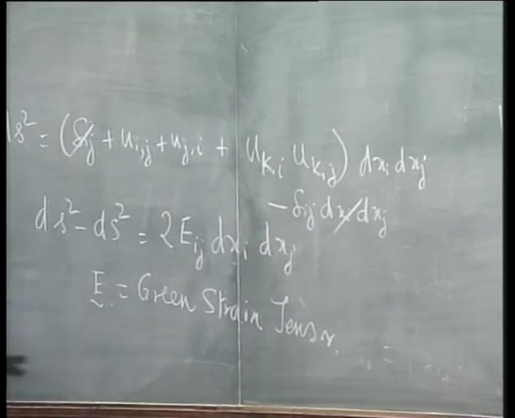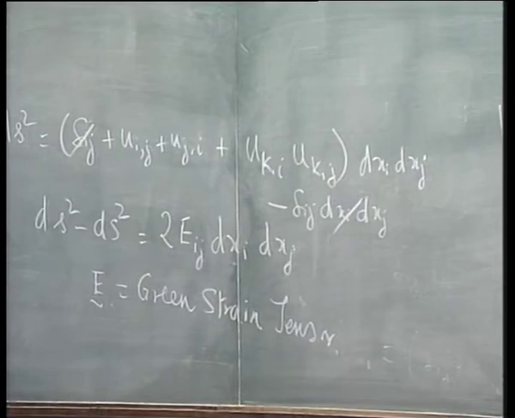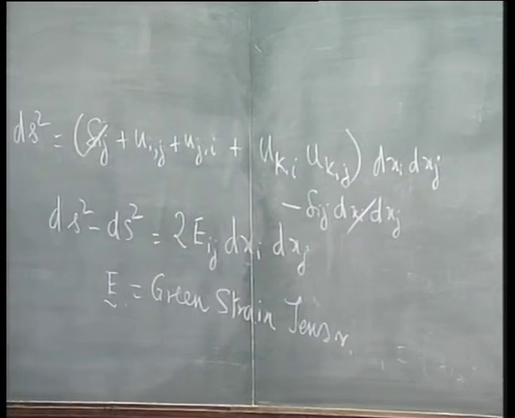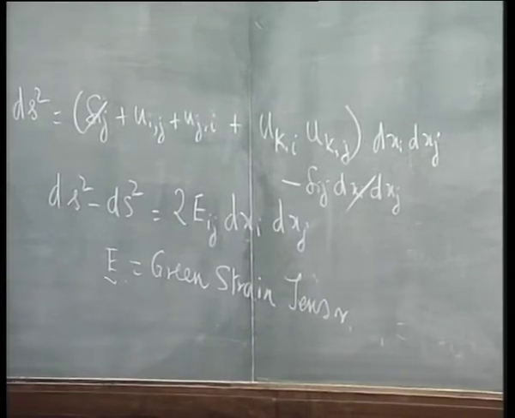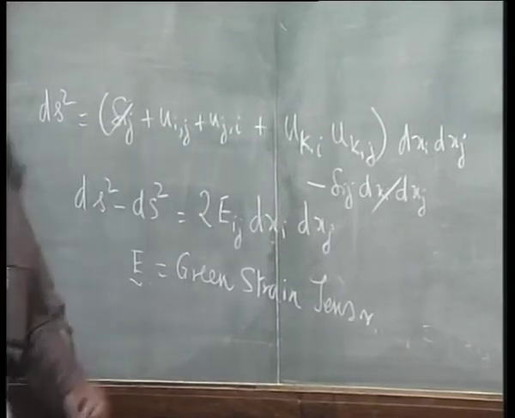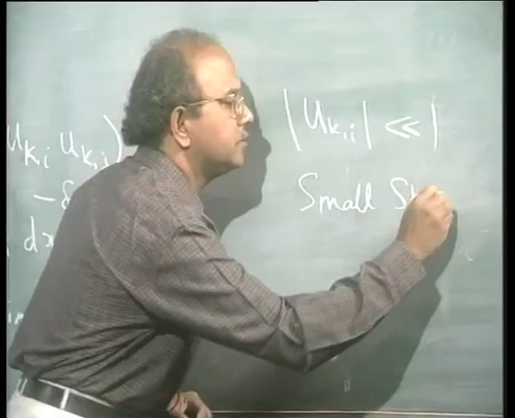Now, on top of it I have put a restriction that the strains or the gradients of u are small. We call such a situation a small strain situation.